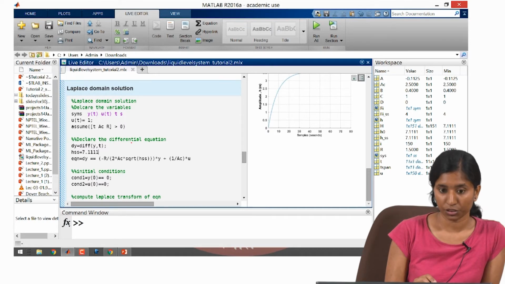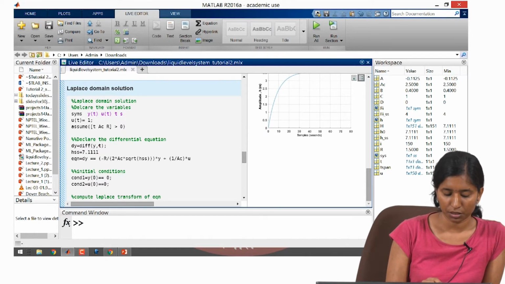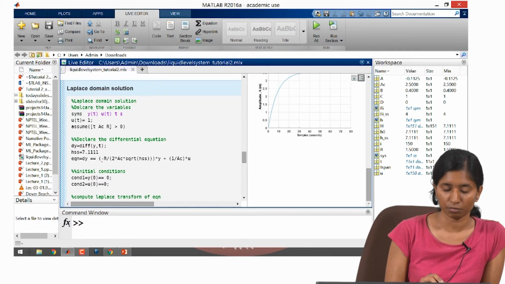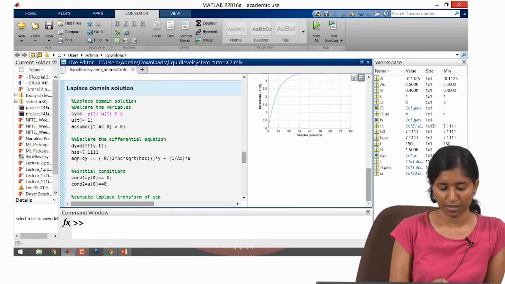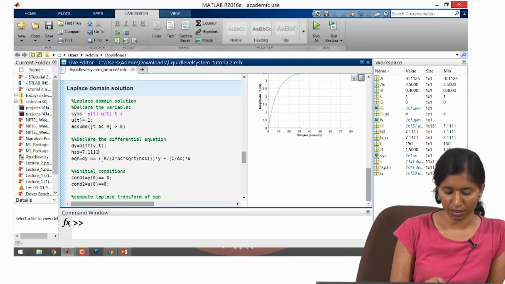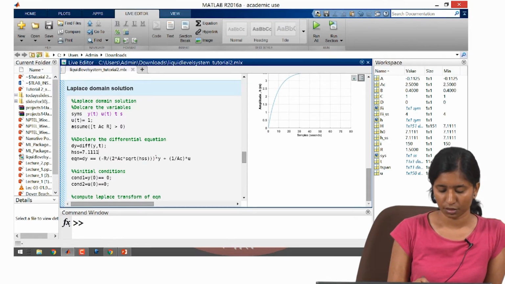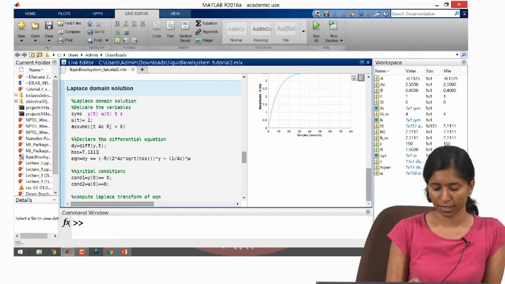Then I have to declare the differential equation. The differential equation is declared as dy equal to diff of y comma t. y is the dependent variable, t is the independent variable. Then I have the differential equation which I name as EQN equal to dy equal to minus R by 2 times AC times square root of HSS times y plus 1 by AC times u.